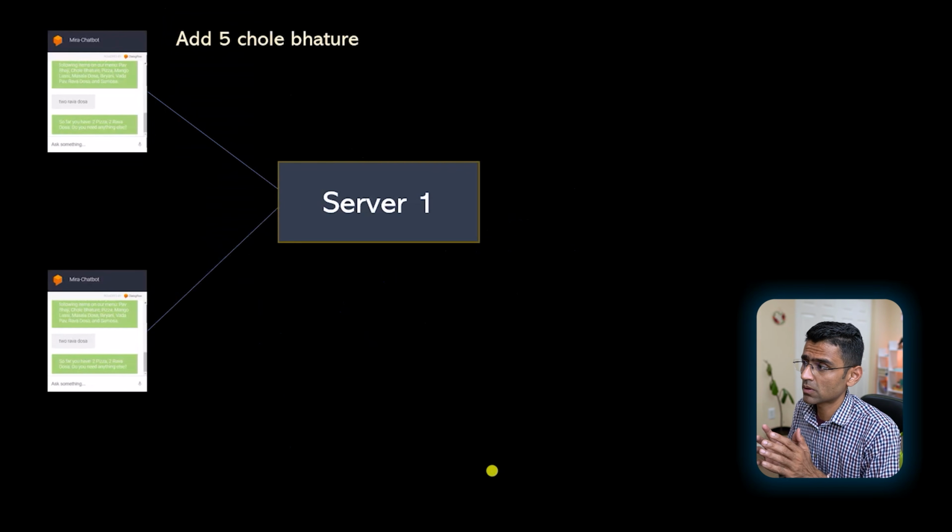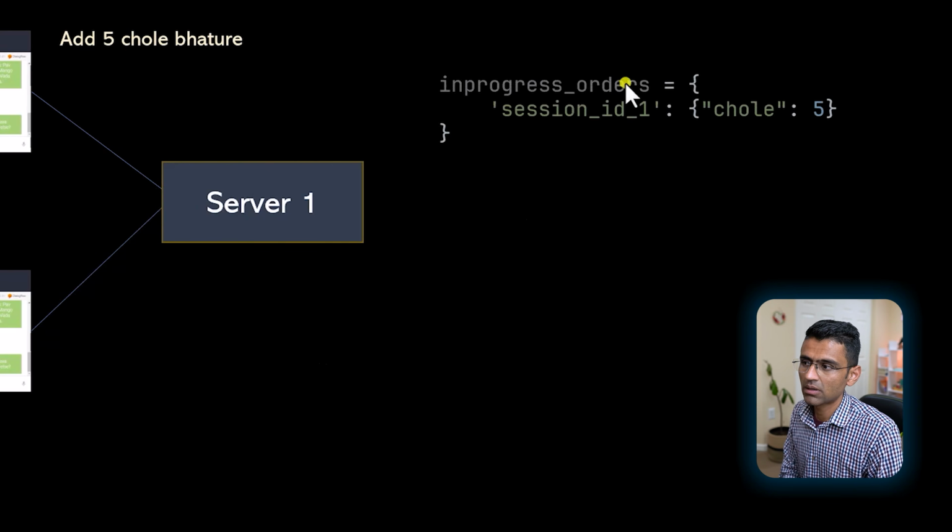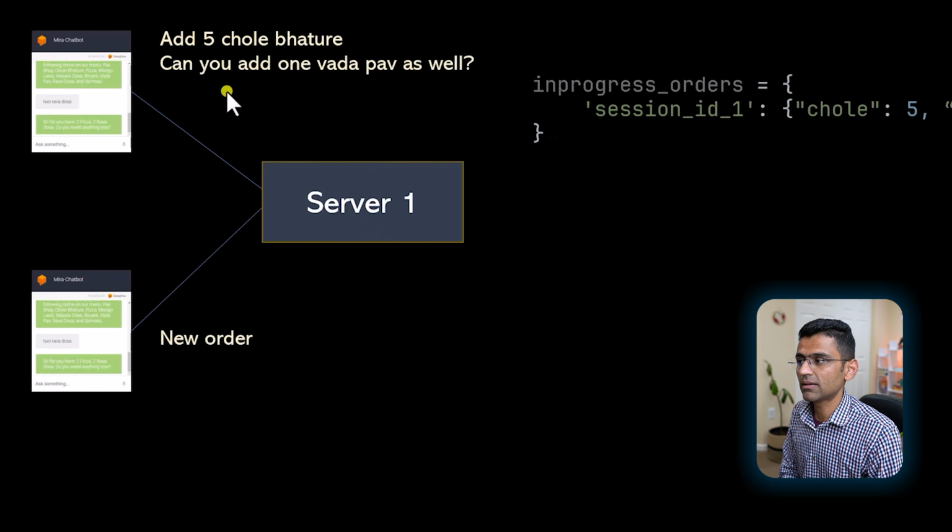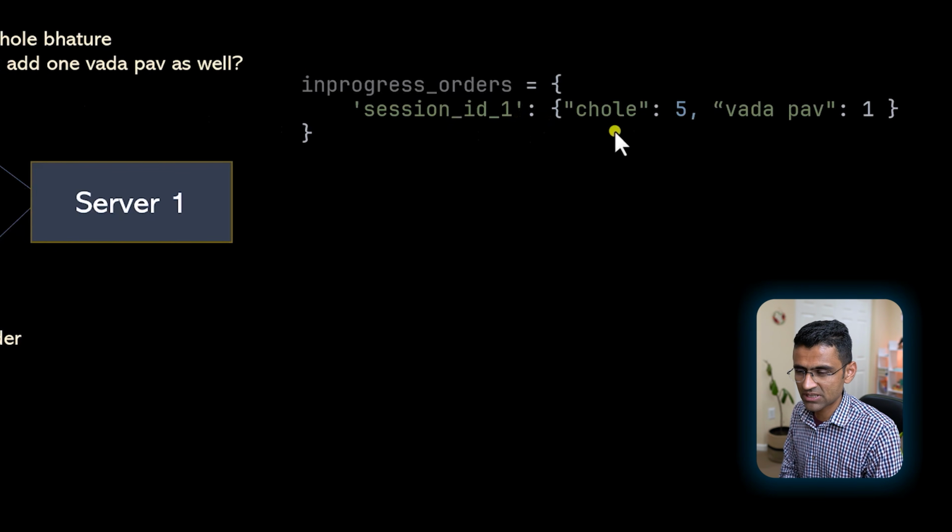So let's say server 1 receives 2 chat windows at the same time. The first person says add 5 chole bhature. In the backend, we will add a session ID for that session and we'll say chole 5 order. Then they can say, oh, can you also add 1 vada pav? And in that same session ID, we will add a vada pav.